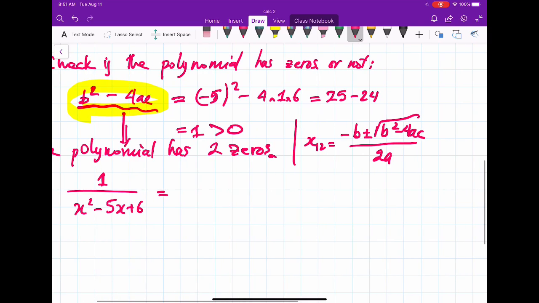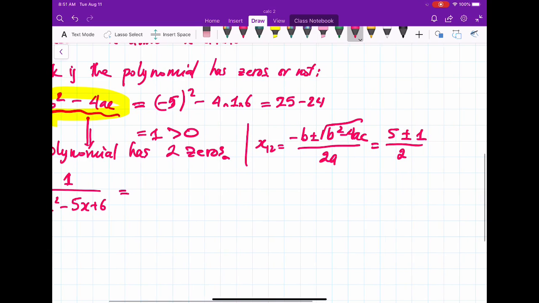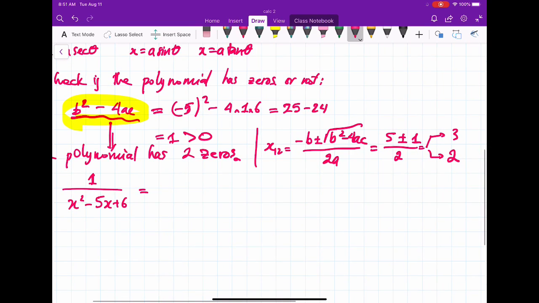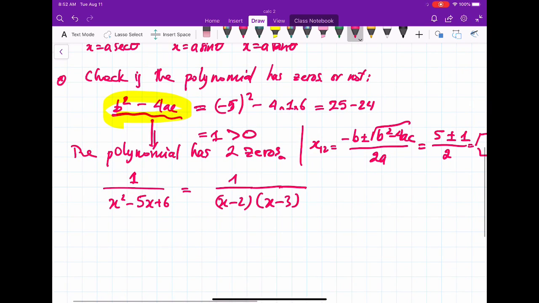For this polynomial, negative b is 5, plus or minus 1, over 2. So you have 3 or 2. That means the function is 1 over (x minus 2) times (x minus 3).